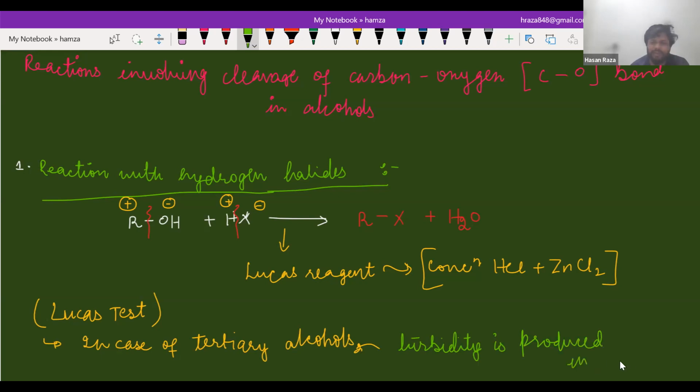That means within a few seconds, you will get a turbid, cloudy solution in tertiary.